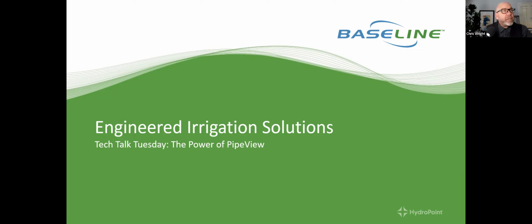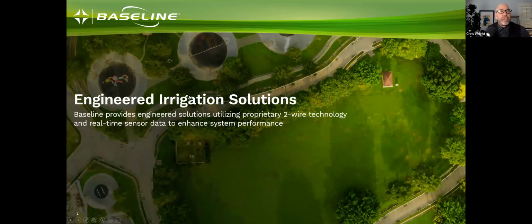So let's get started speaking to it and how it falls into our engineered irrigation solutions. Obviously, we work hard and speak often to the hardware that we engineer and manufacture at Baseline, utilizing that proprietary 2-wire technology and real-time data to enhance system performance.